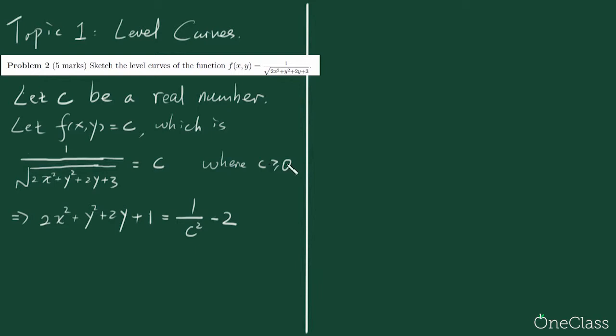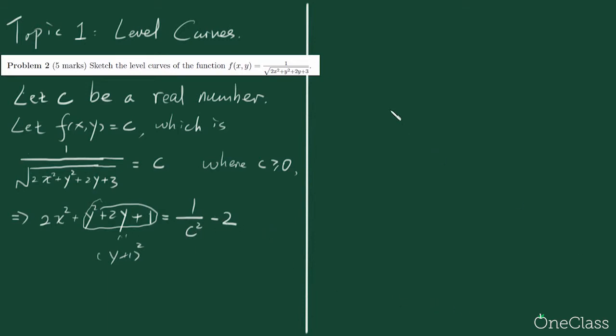The c is greater than or equal to 0 because obviously f(x, y) cannot be less than 0, because this is a square root. And therefore, after some transformation, we have 2x squared plus, here this one is actually (y plus 1) squared. So 2x squared plus (y plus 1) squared is equal to 1 over c squared minus 2.